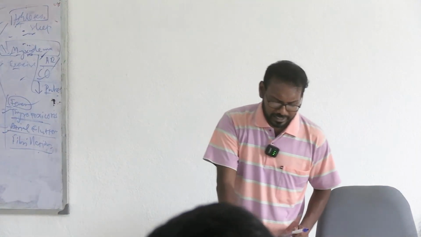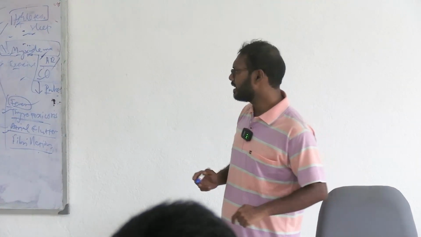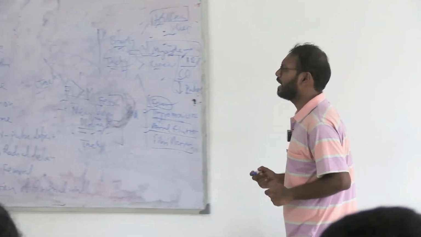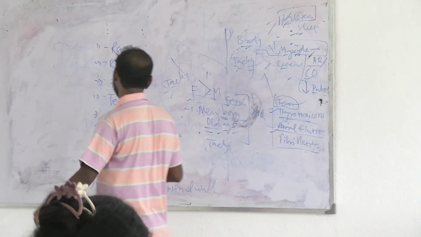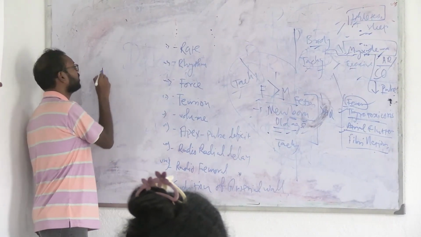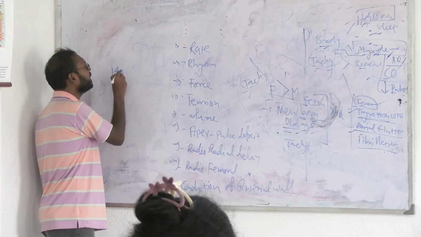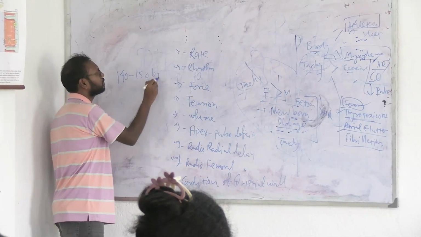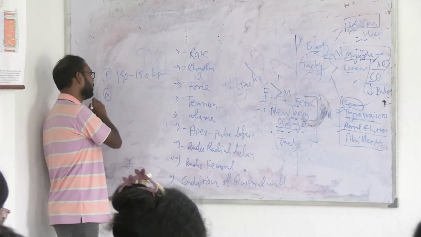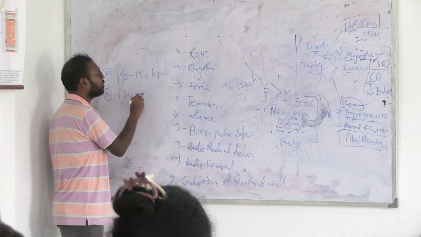Now, age related: in various stages of life, a person will have various amounts of pulse. In case of fetus, it is most likely 140 to 150 BPM. After that, in case of newborn, it's 130 to 140.